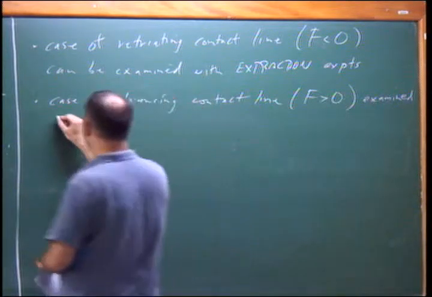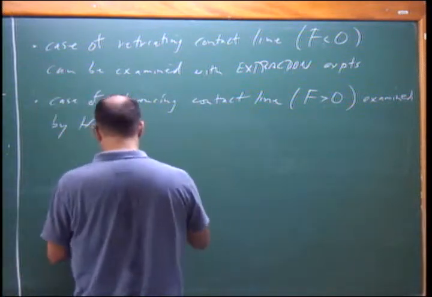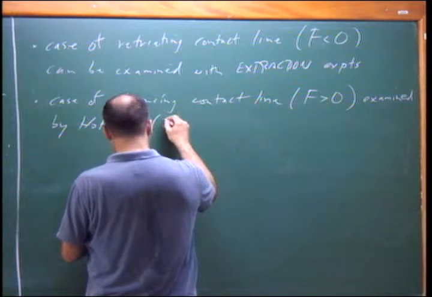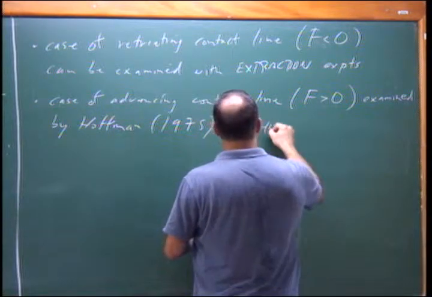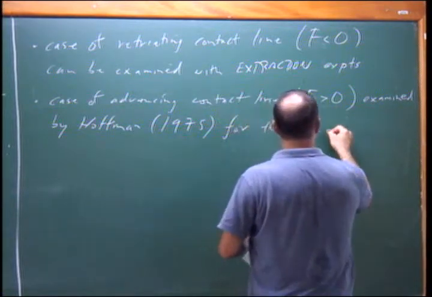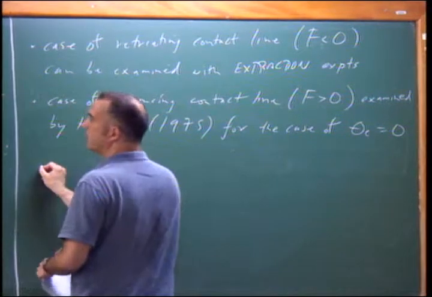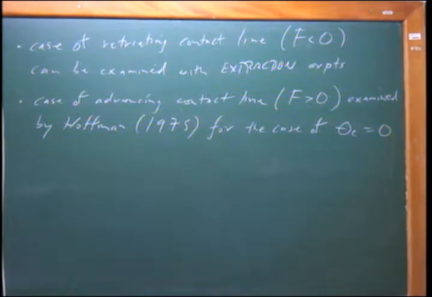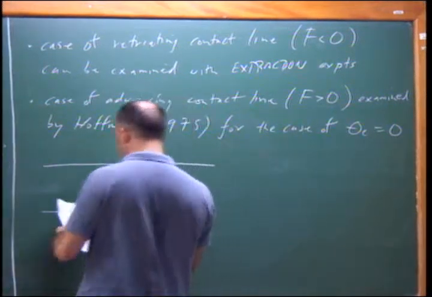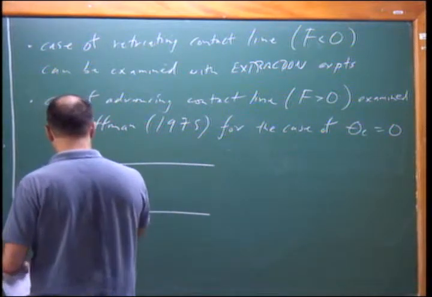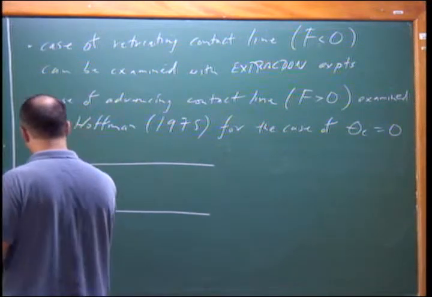Okay, so there was a series of experiments done on the advancing case by Hoffman for the case of a wetting fluid. Here you imagine you have a piston, so it's the same sort of geometry as we have up there. We're pushing a wetting fluid into a tube at a speed v.